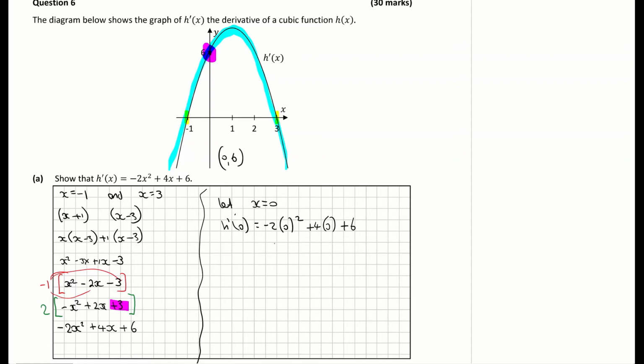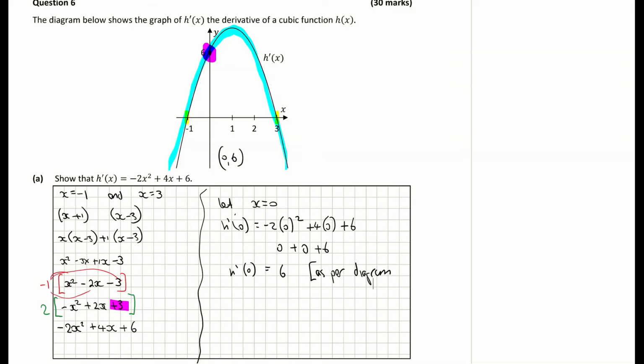And that's giving me 0 squared is 0, 0 times minus 2 is 0, 4 nothings are nothing, plus 6. So that is telling me that h prime of 0 is equal to 6. And that was my y-intercept as per the diagram. And that is question 6, part A.